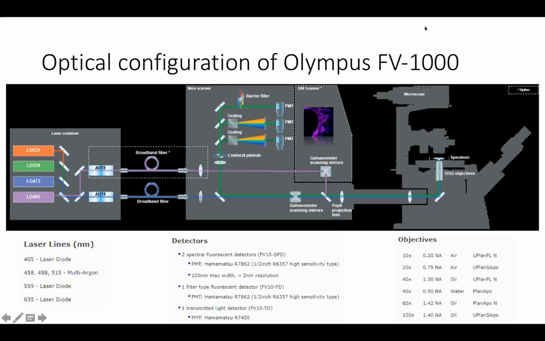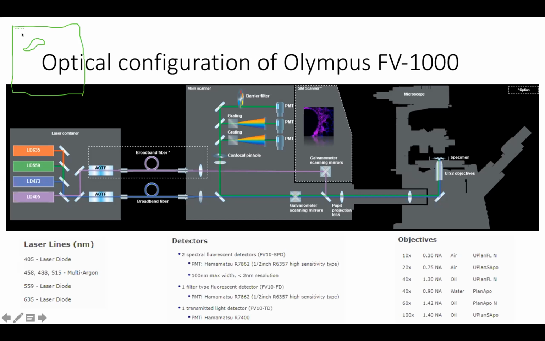So, for example, let's say this is your area on which you are imaging your cell, the point source is going to scan like this. Let's say you have a 512 by 512 grid, right?